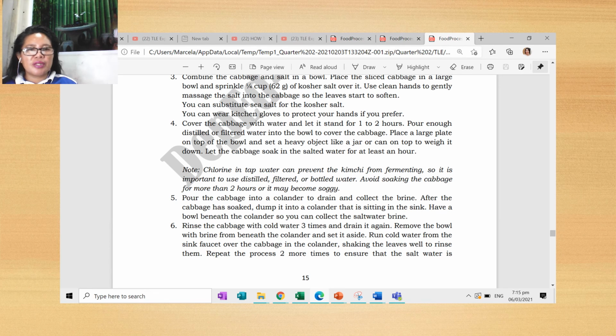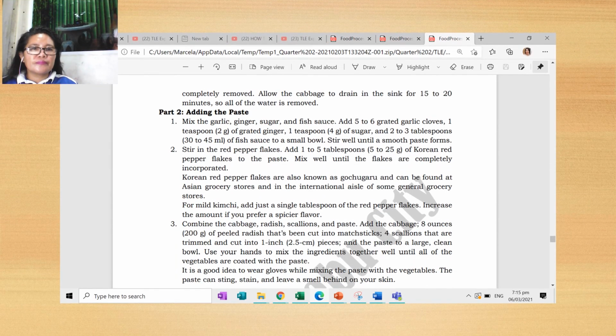Run cold water from the sink faucet over the cabbage in the colander, shaking the leaves well. Repeat the process 2 or more times to ensure that the salt is completely removed, and allow the cabbage to drain in the sink for 15 to 20 minutes so all of the water is removed. Then part 2, adding the paste.